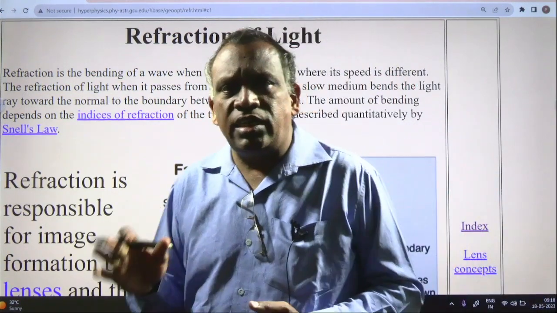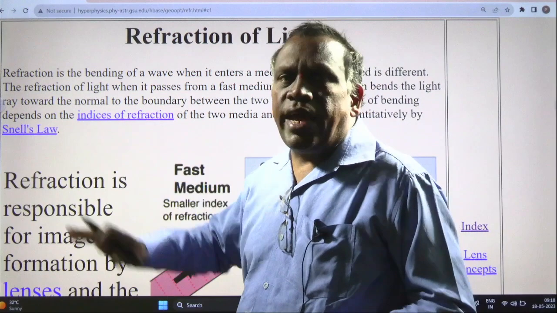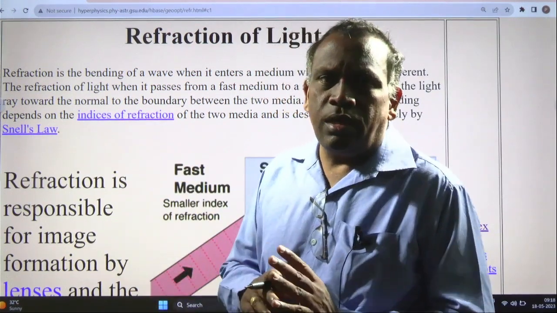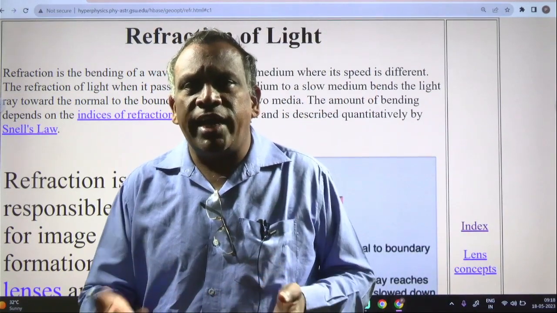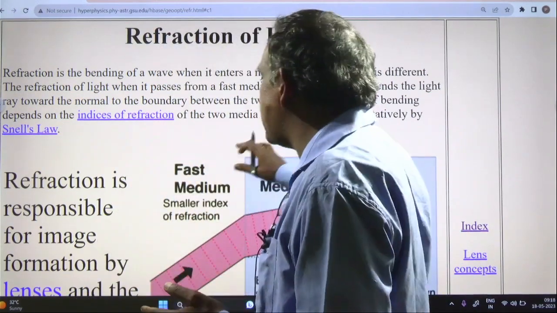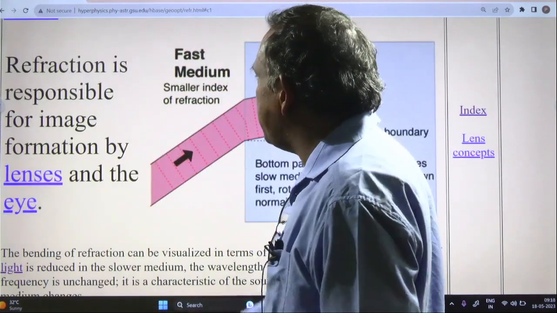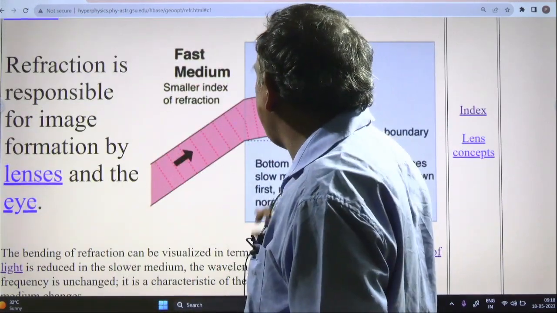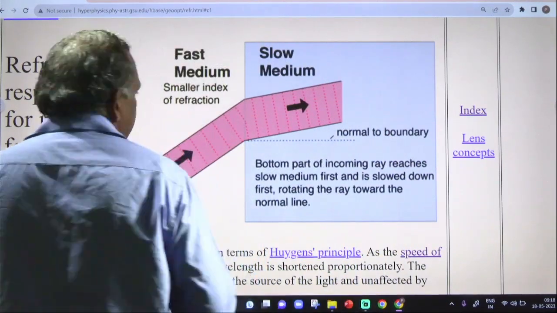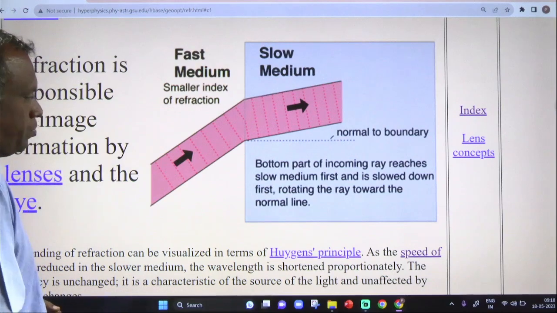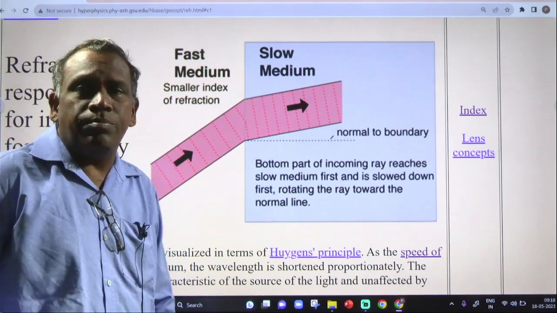So when the light ray changes medium, it bends towards the normal or away from the normal, when light enters from denser medium to rarer medium or rarer medium to denser medium. The speed of light depends upon the refractive index of the medium.